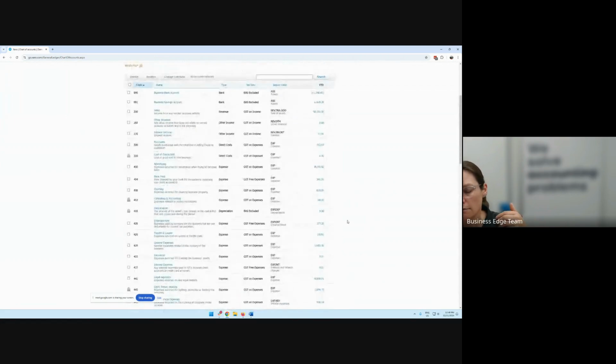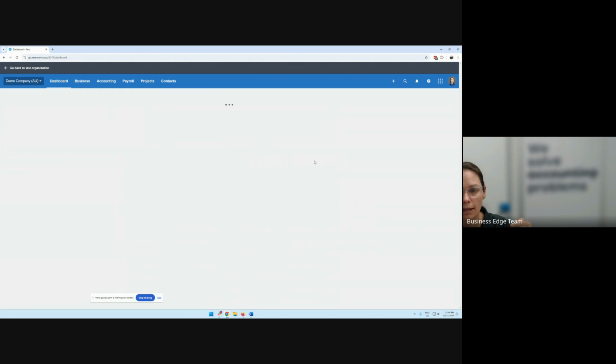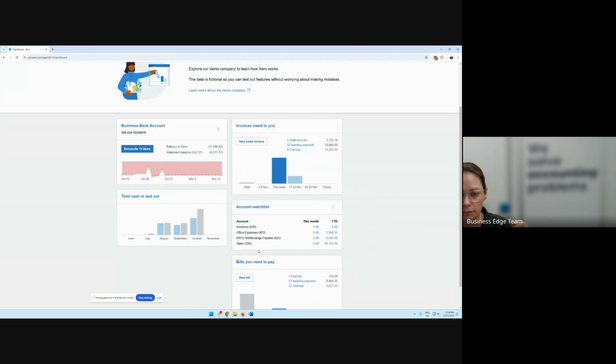Maybe you're pulling money out of the business and you really want to track what you're taking out. So by tracking your drawings or maybe your loan account, depending on what sort of entity you are, you might want to track that particular chart as well and add it to your watch list so you can see what's being drawn out of your business.